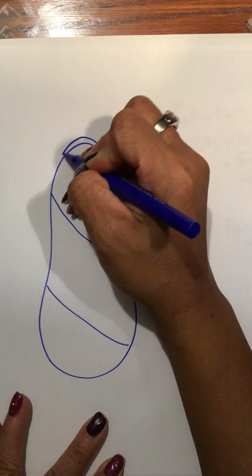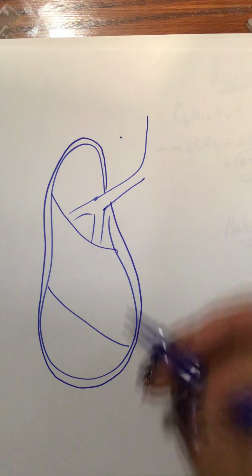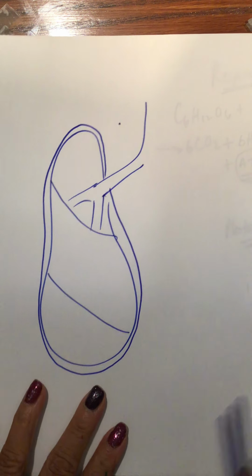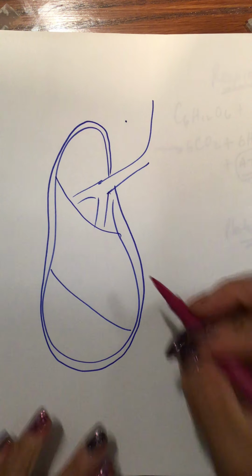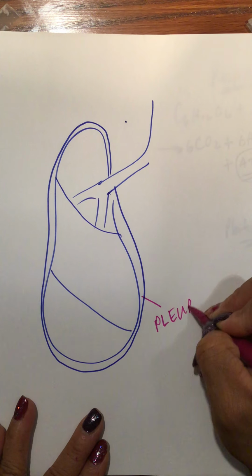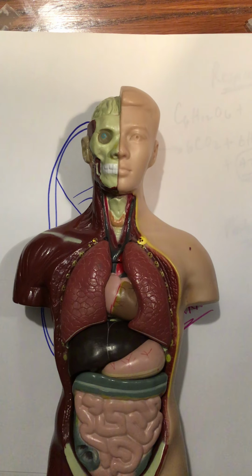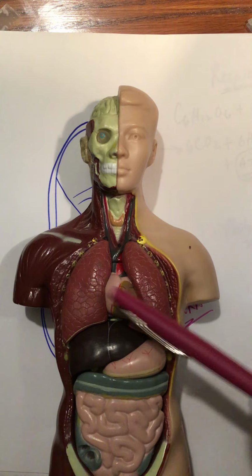The skin of the lung, so basically the membrane that coats the lung. That's a rather bad drawing there, but oh well. This is called the pleura. So pleura is the skin of the lungs on the outside. So this is surrounded by pleura. That's the skin of the lungs.